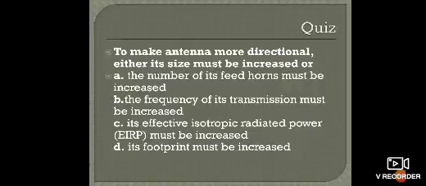The second option is the frequency of its transmission must be increased. The third option is its effective isotropic radiated power, that is EIRP, must be increased. And the last one is its footprint must be increased. Note this question please.